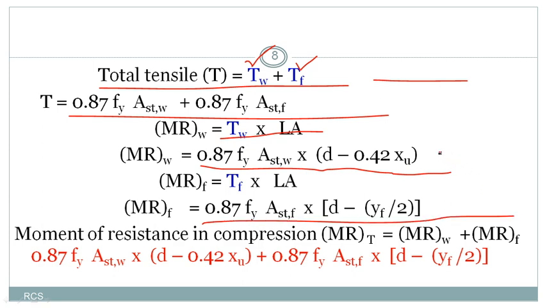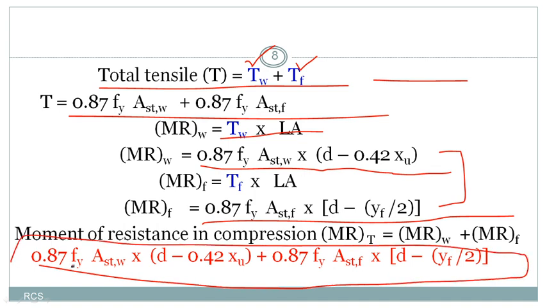Now if we add together, we get the moment of resistance with respect to tension, that is 0.87 fy Astw into (d minus 0.42 xu) plus 0.87 fy Astf into (d minus yf by 2). Like that we can calculate.